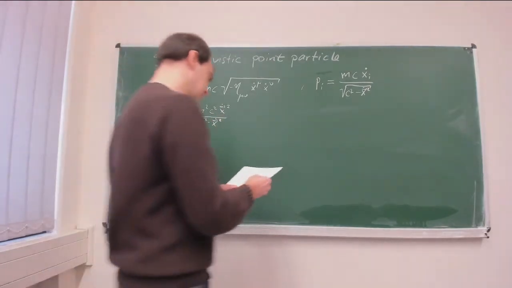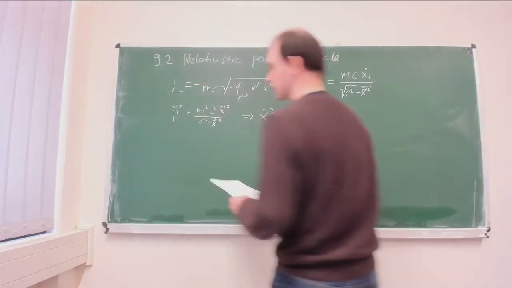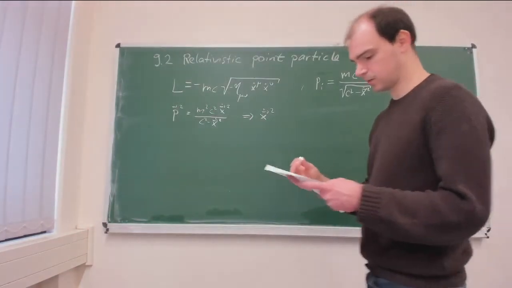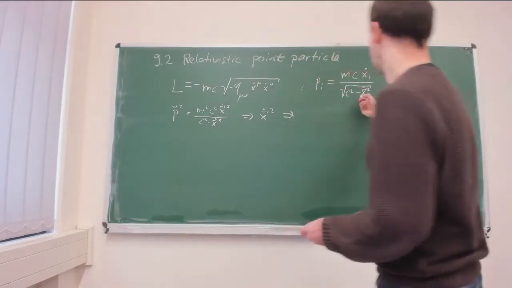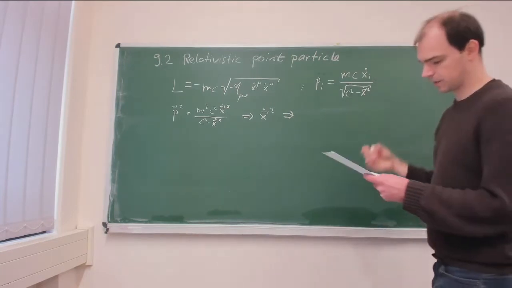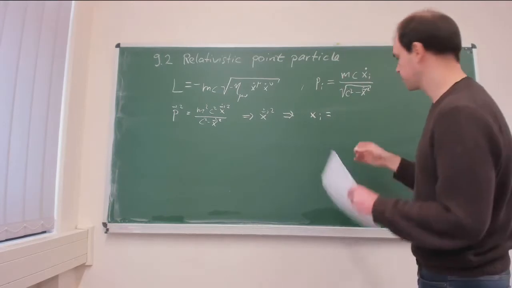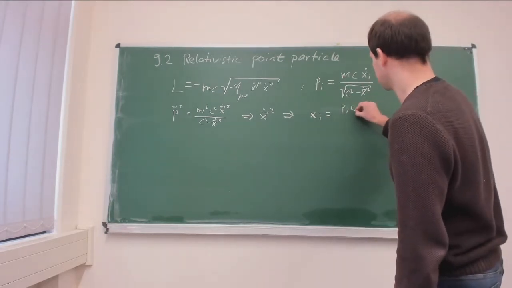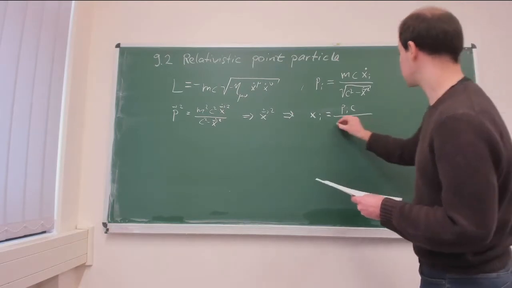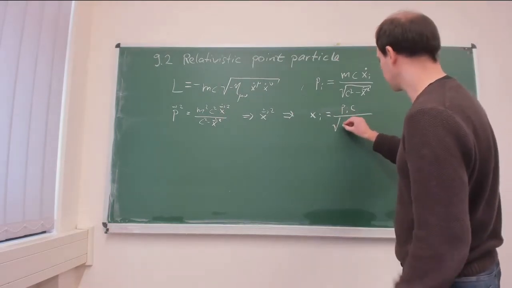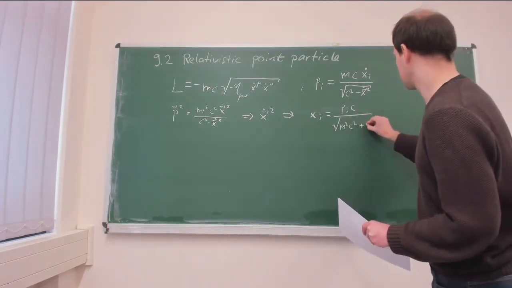And now from this we can get x dot squared, and then we insert this here and solve for x_i dot, and we find x_i dot to be p_i c divided by the square root of m squared c squared plus p squared.